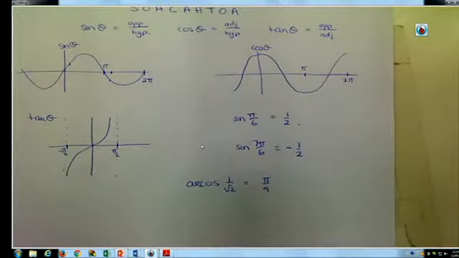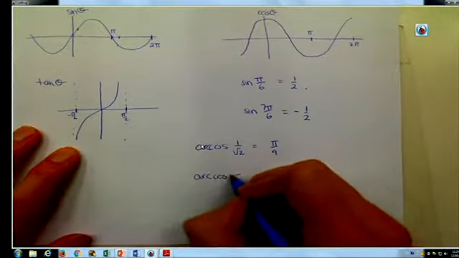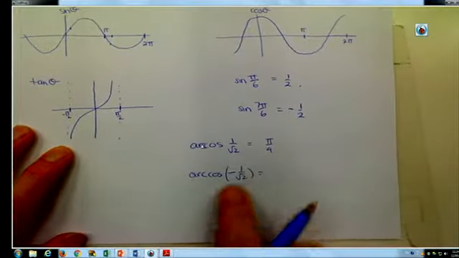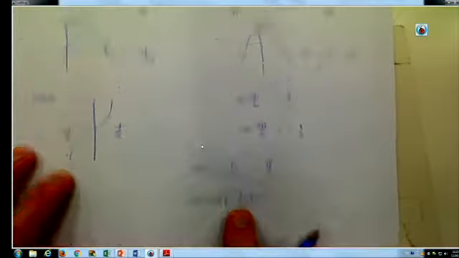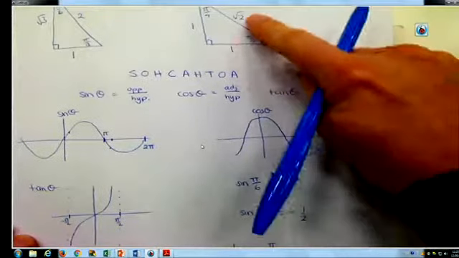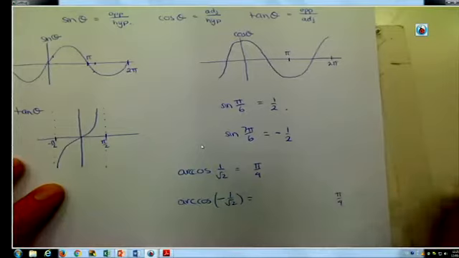Okay? If I wanted to do a minus 1, let's do this one, arc cos of minus 1 over square root of 2, right? Ignore the minus sign to start with and just worry about the 1 on root 2. Well, that's just what we did. We found an adjacent over a hypotenuse that was 1 over root 2. So the important angle is going to be pi on 4. Let's just write it here for a moment.